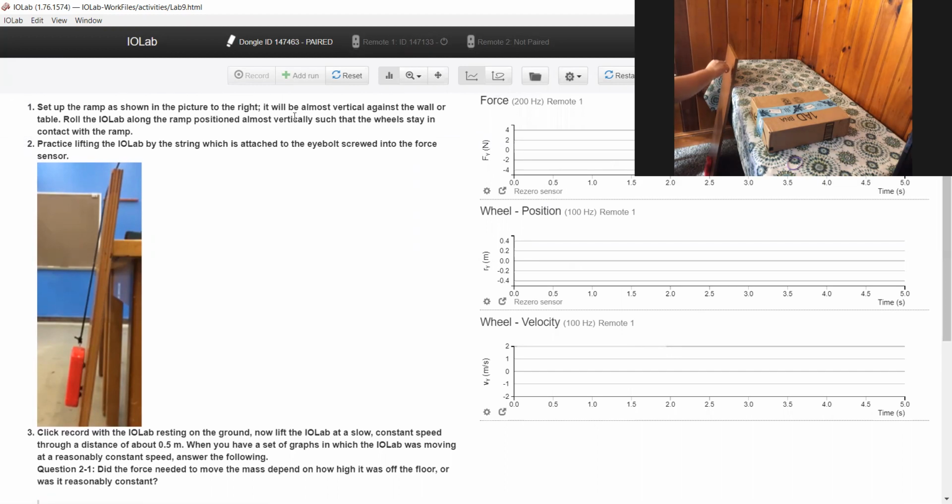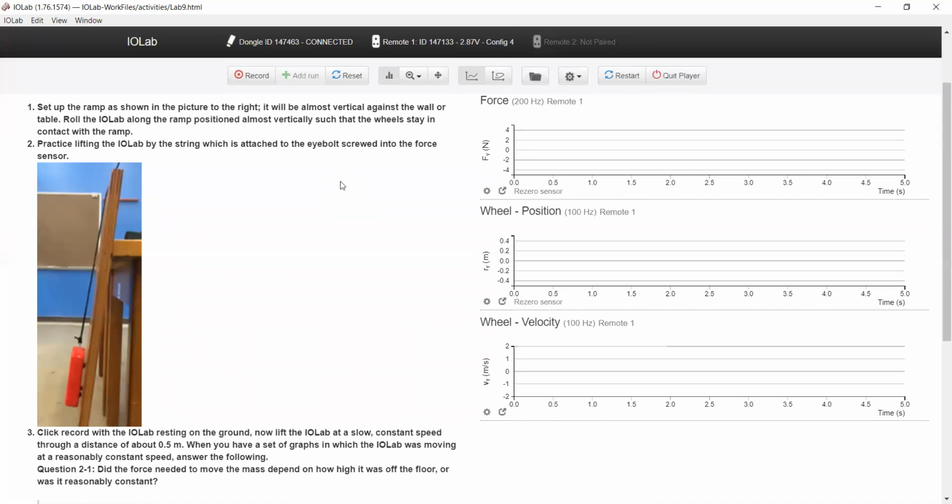Around 0.5, then we can. Oh, our IOLab is off. Okay, so let's turn it on. Now I should be able to record. Let's rest it here.